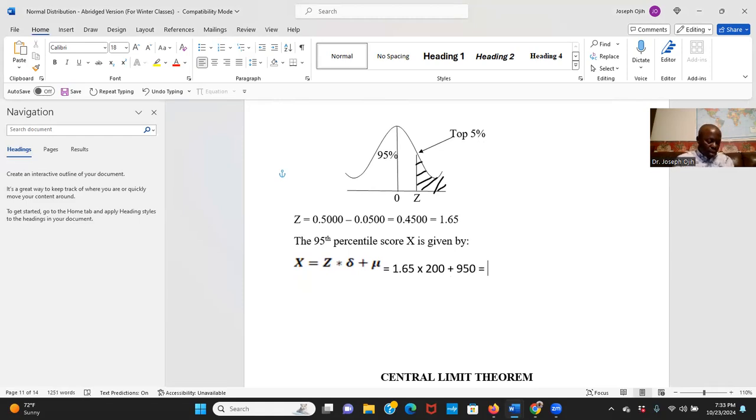So we have 1.65 times the standard deviation plus 950. That will give us the X we're looking for.